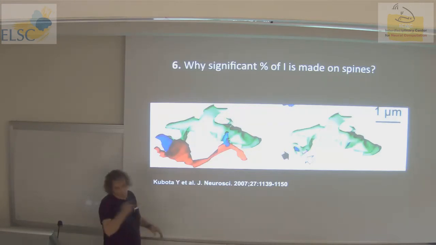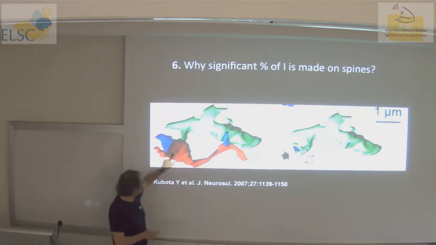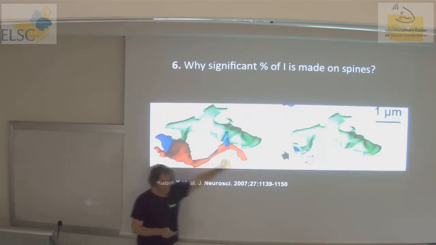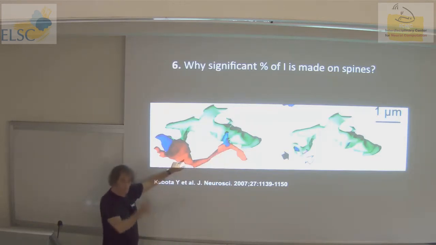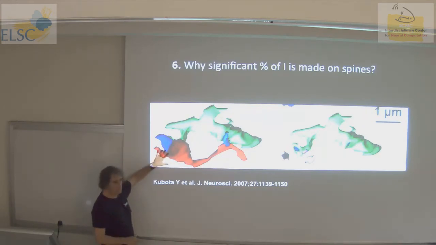There is one clear thing: a single inhibitory axon makes many synapses onto this neuron. When it makes contact on a spine, it is always together with an excitatory synapse.